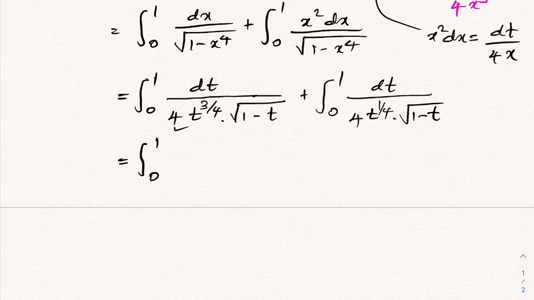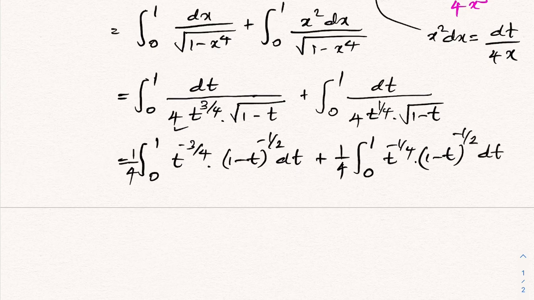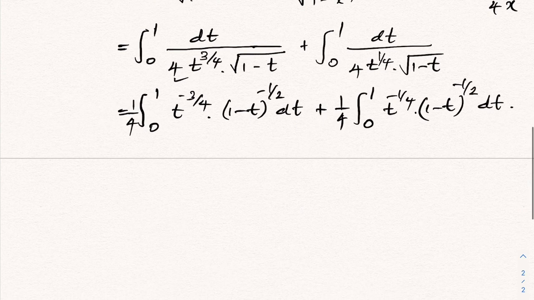Here 1 over 4 is a constant, so 1 over 4 times the integral from 0 to 1 of t to the minus 3 over 4 times 1 minus t to the minus 1 half dt, plus 1 over 4, which is also a constant, times the integral from 0 to 1 of t to the minus 1 over 4 times 1 minus t raised to the minus 1 half dt. Well, then let's recall the beta function.